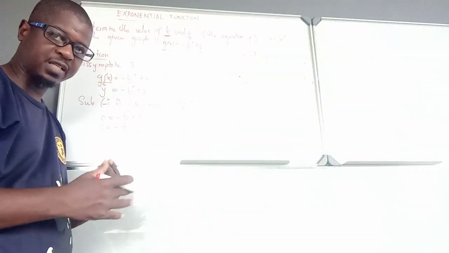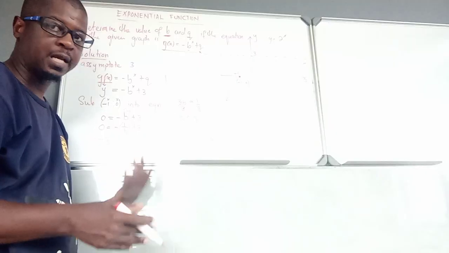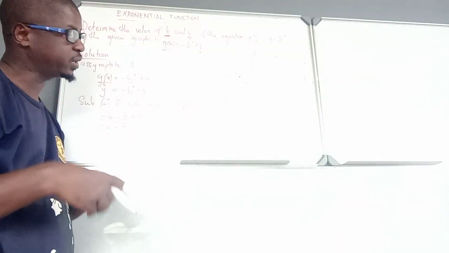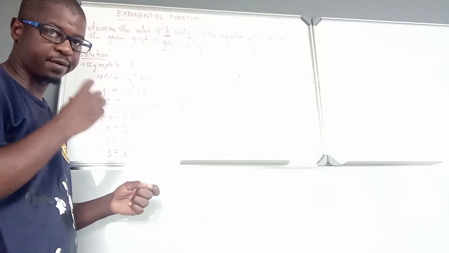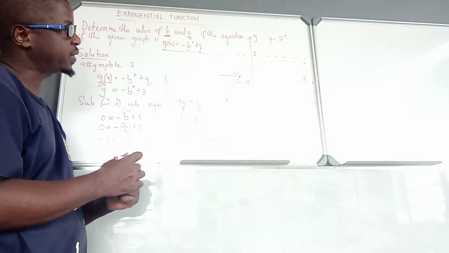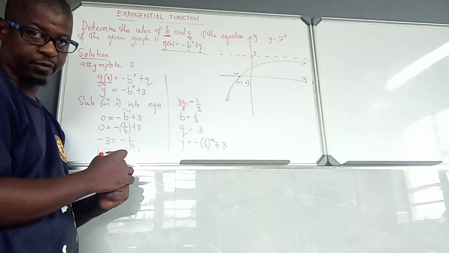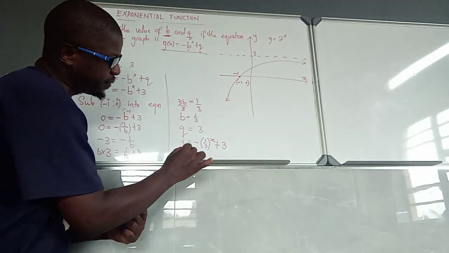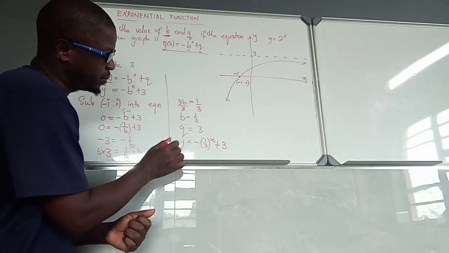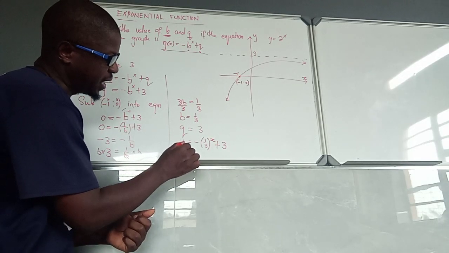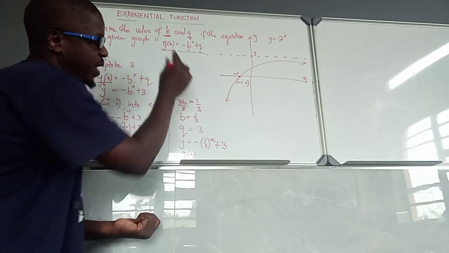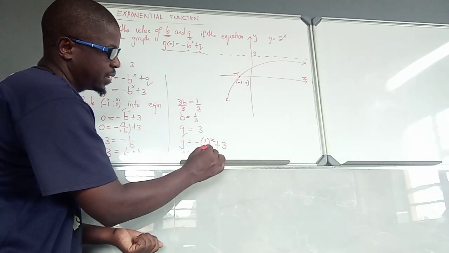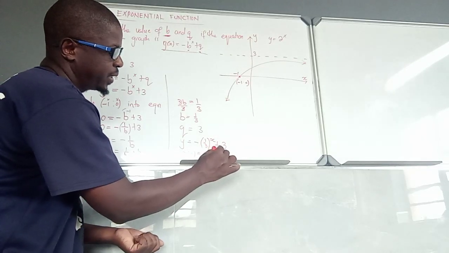Firstly, we were asked to find the value of b, which we did find, and then the value of q, which we did find, and then we take those values and substitute into the general form, and we now have found the equation for this exponential graph. That is all we have. We can even go further to say g of x. Some of you can just say g of x here, but it is basically one and the same thing, minus one third to the power of x plus 3.